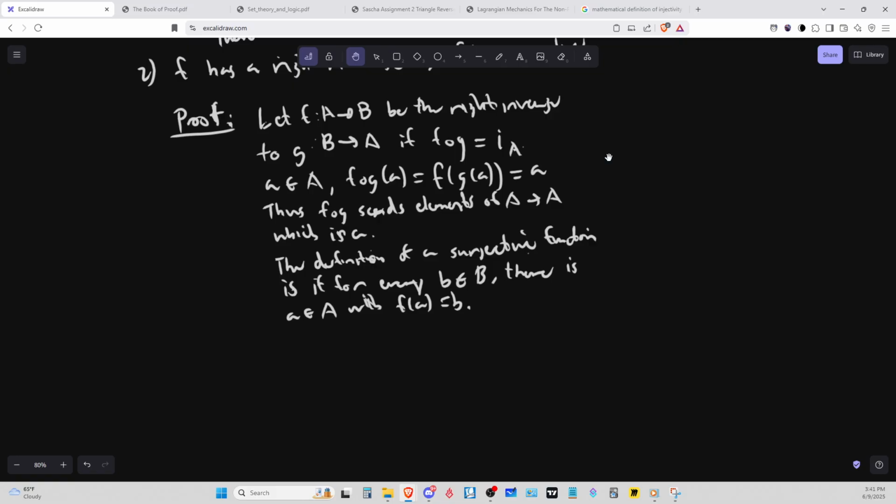Hopefully I defined the right inverse correctly, because I feel like if it's left and right inverse, it's sort of like the opposite versions of each other. I hope that's right.